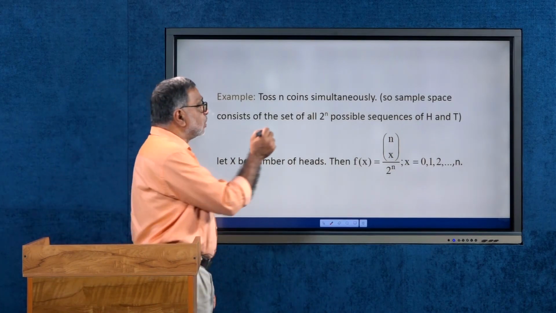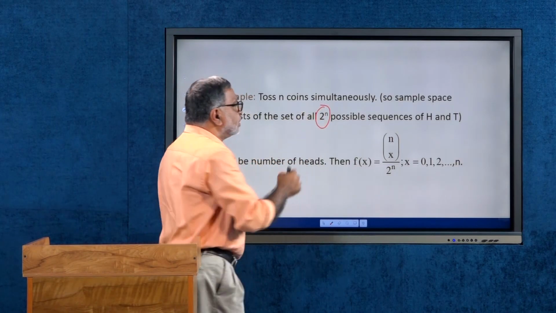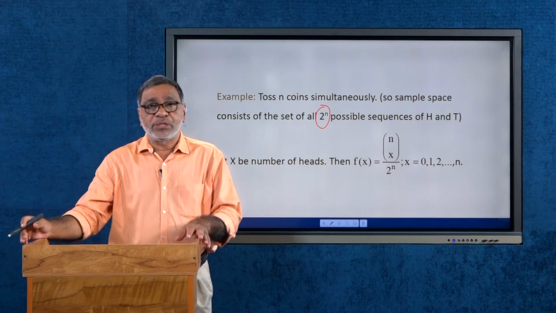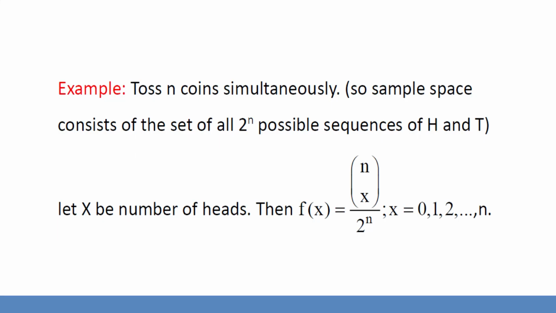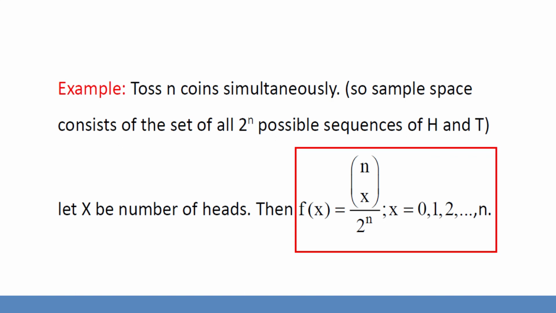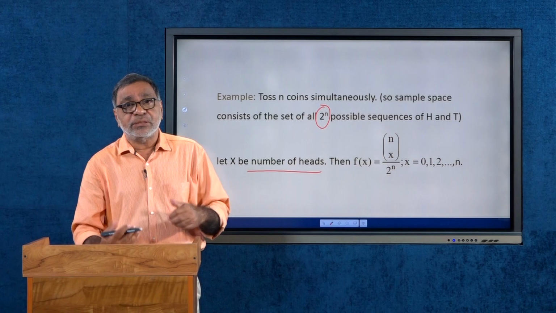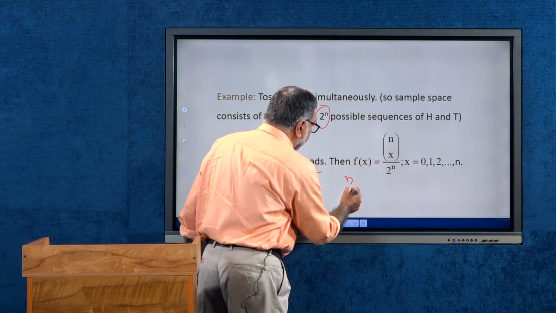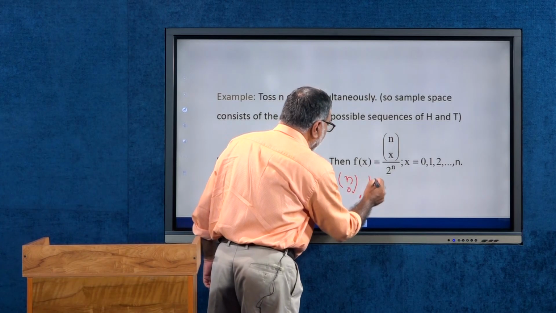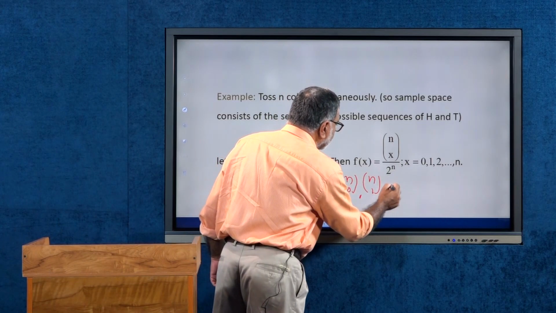Out of 2 power n possible cases, suppose x is the number of heads, we define the random variable x as the number of heads. Then 0, 1, 2, up to n are the possible values, and the favorable cases are nC0, or nC1, or nC2, etc.